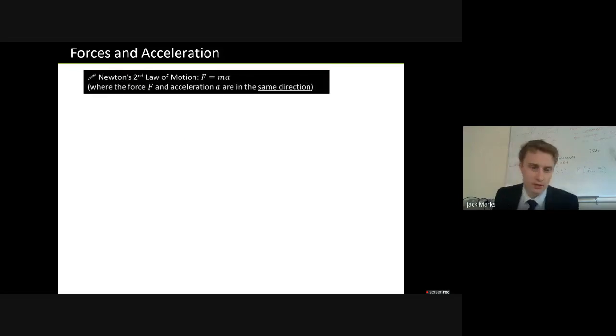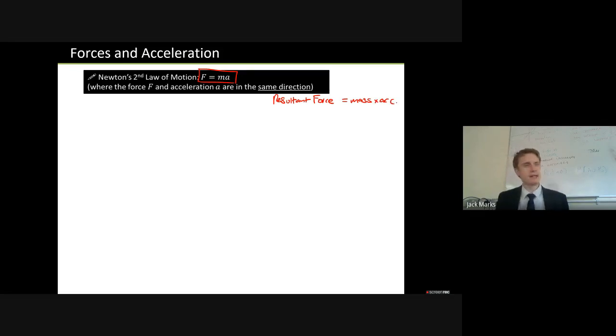So Newton's second law of motion, an equation you are going to use hundreds and hundreds of times, is F equals ma. Now, what does the F mean? It is not force. It is resultant force. In other words, overall force. Resultant force equals mass times acceleration.